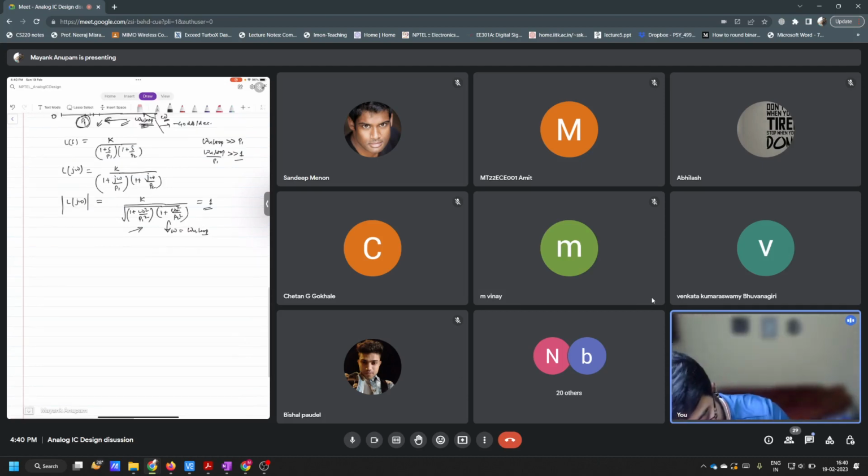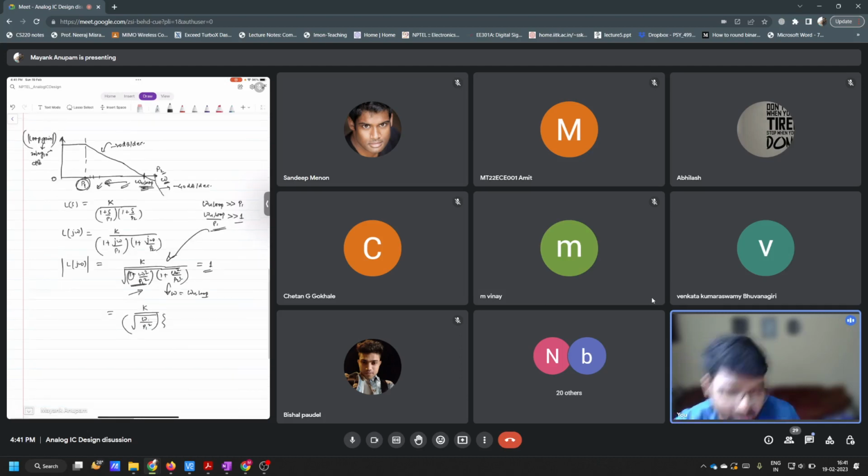If you use this approximation in this particular example, you can write k divided by 1. You can ignore 1 compared to omega divided by P1 square here, right? So it will become omega divided by P1 square simply. And similarly for the second pole, for a very first order approximation, let's say P2 is much farther away from omega U loop, so omega U loop is much smaller compared to P2.